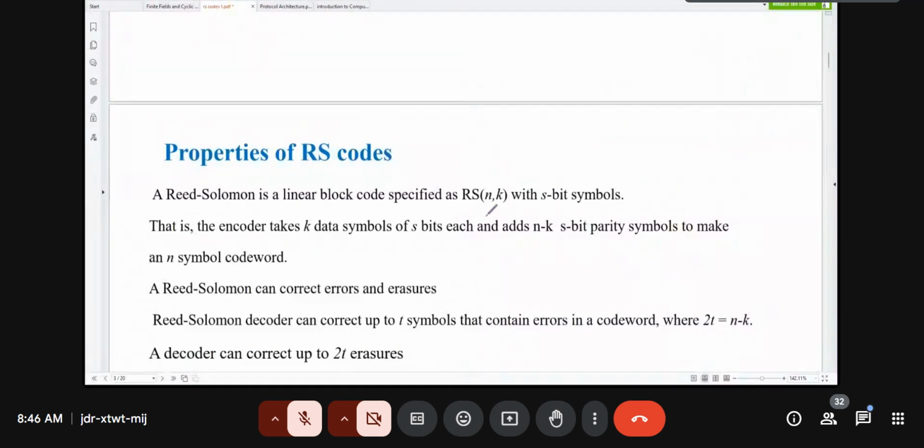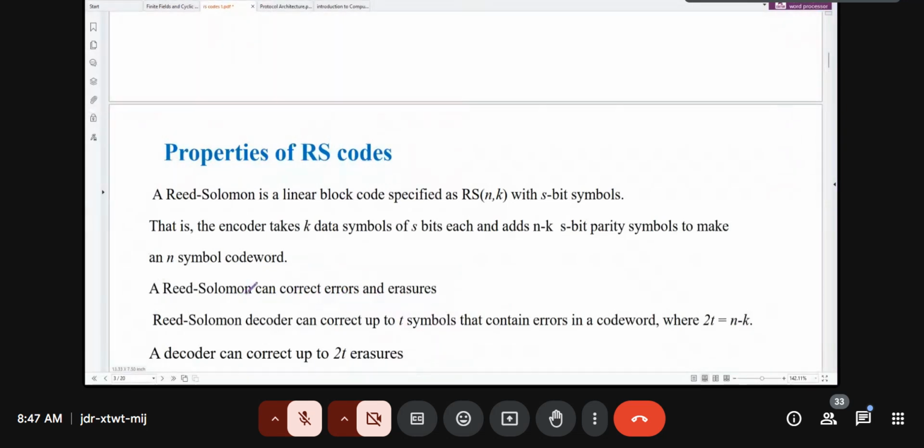That is, the encoder takes k data symbols, not data bits, data symbols of s bits each, and adds n minus k s-bit parity symbols to make an n-symbol code word. It is the same thing we are doing: taking k message bits, adding n minus k parity bits, and creating an n-bit code word. Here we are creating an n-symbol code word.